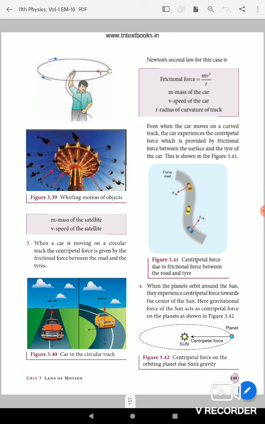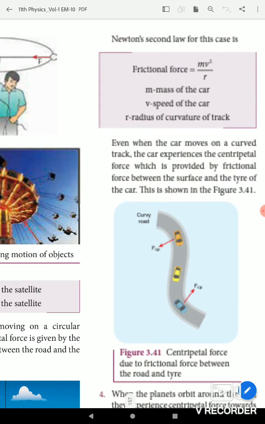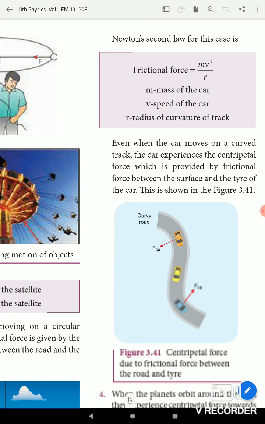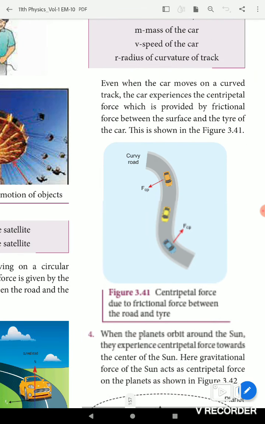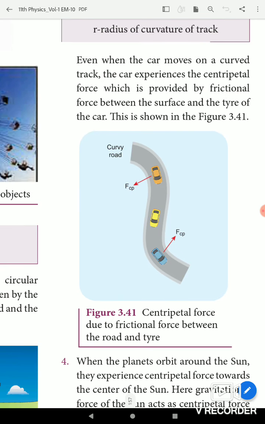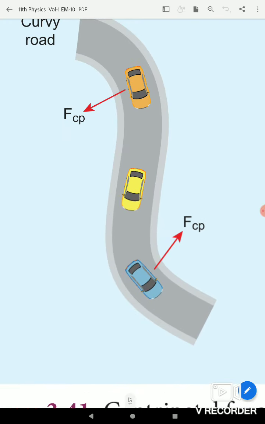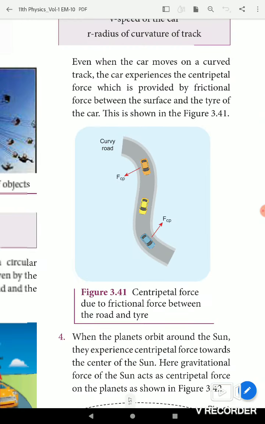So frictional force equal to m v square by r, where m is the mass of the car, v is the speed of the car and r is the radius of the track. Even when the car moves on a curved track, the car experiences the centripetal force which is provided by the frictional force between the surface and the tire of the car.